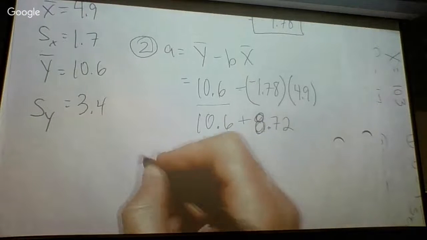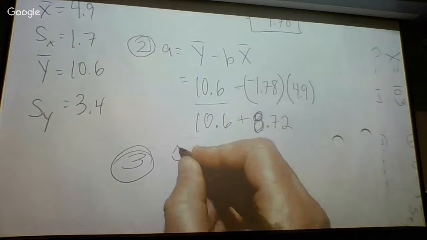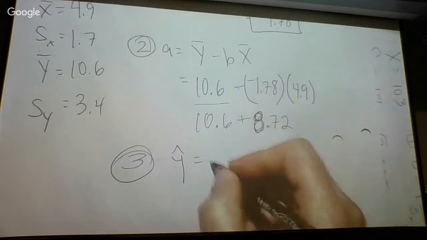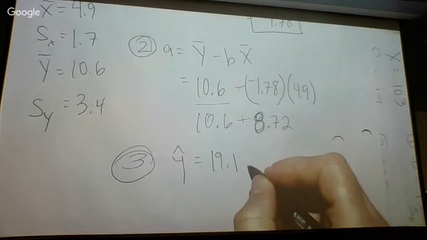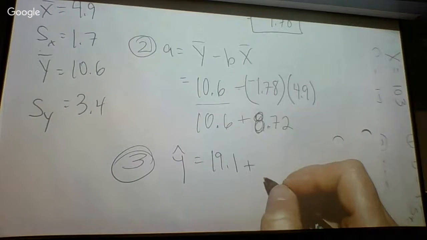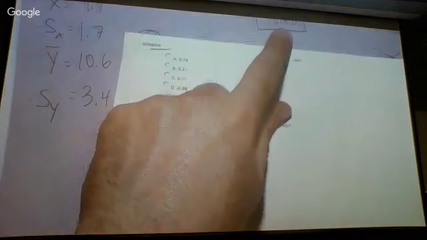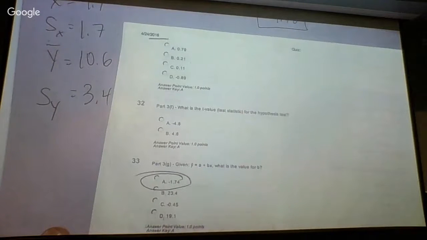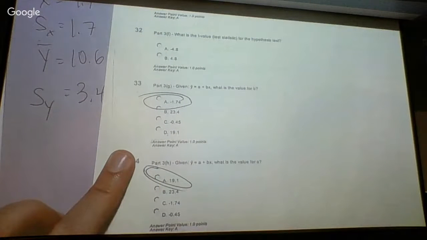Now we say y hat equals A, which is 19.1, plus B, our answer for B should be something like negative 1.74.